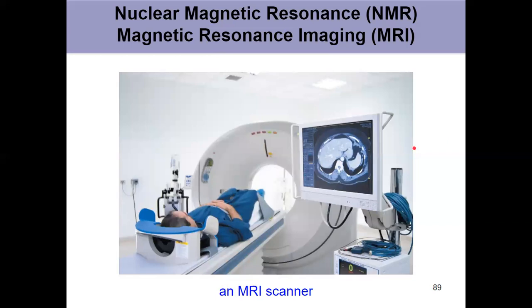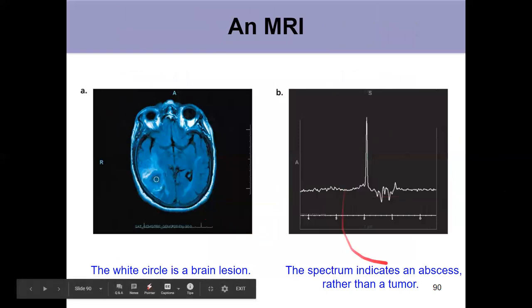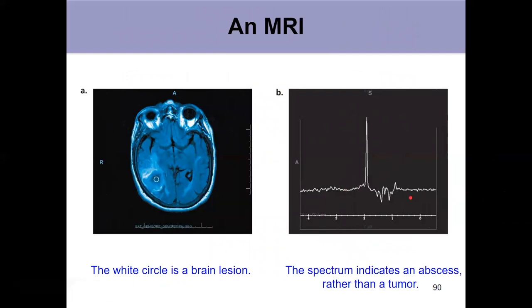You typically get an MRI with a contrast agent, something like gadolinium, because it can alter the surrounding magnetic field and will behave differently around things like cancer cells or tissue that's inflamed. That's NMR of the body. Neat stuff. That's what an MRI looks like medically, and then this is a spectrum that indicates different abnormalities with the body.